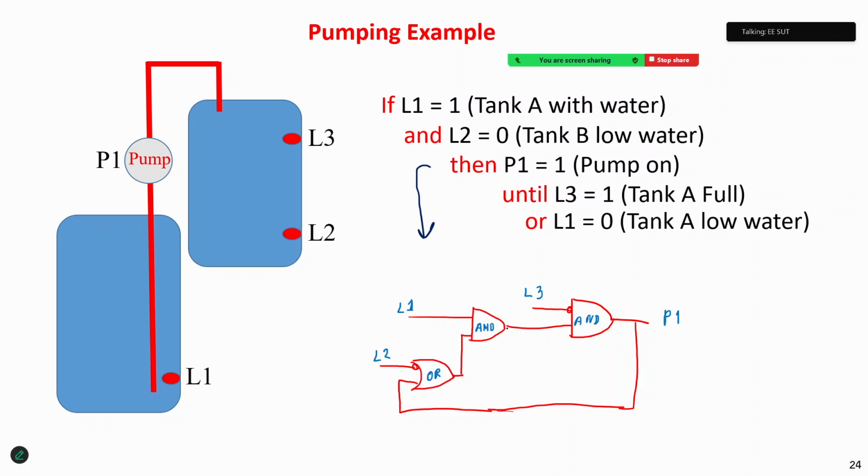The output comes here, and L3 must be 1. If L3 is 1, it will stop, so we use NOT L3 here, and we feed the signal back to the OR gate here. The pump is on until this signal. Okay, this is just to show you some examples of the application.